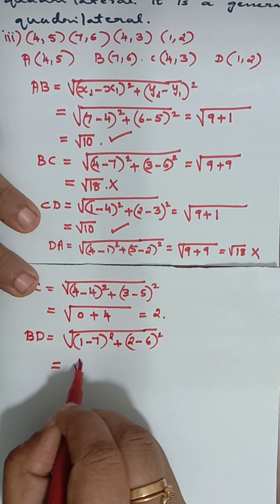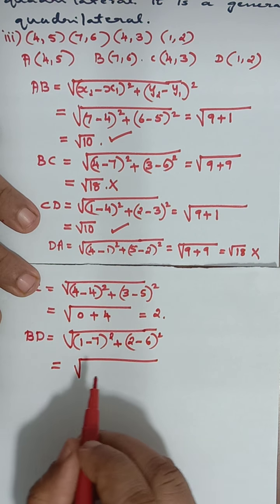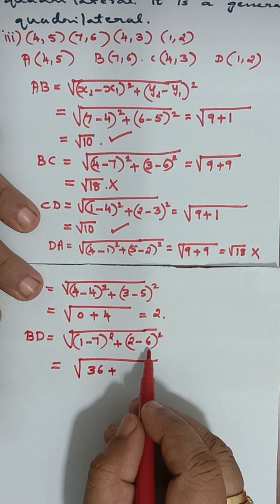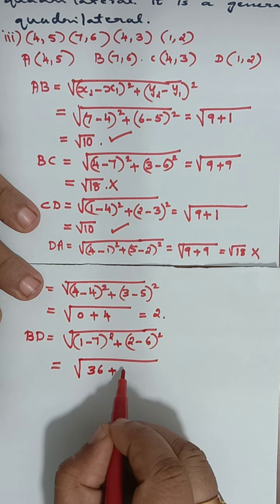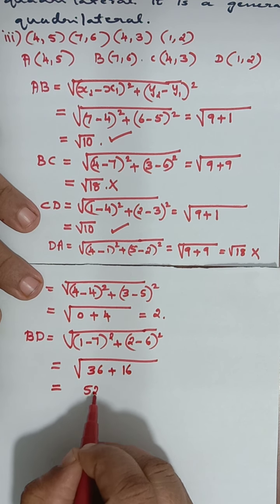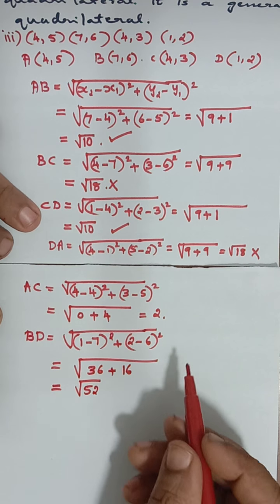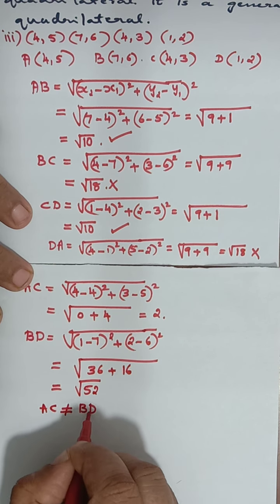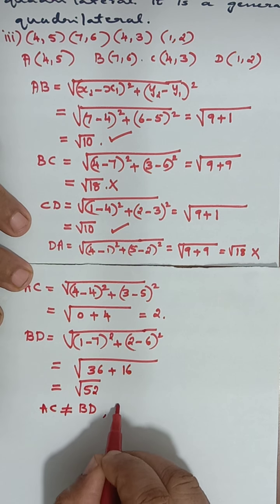This is equal to square root of negative 6 square, it is 36, plus 2 minus 6 is negative 4 square. 4 4s are 16. This is equal to root 52. Here AC is not equal to BD.